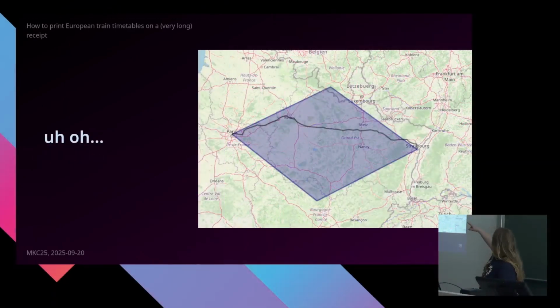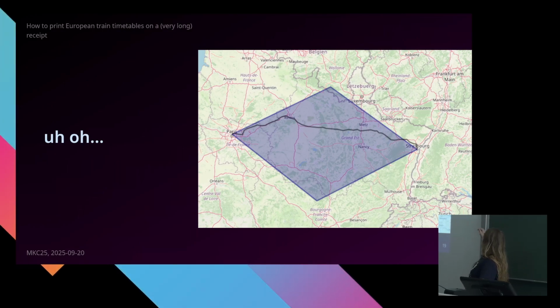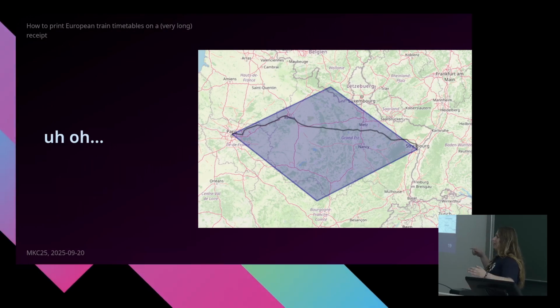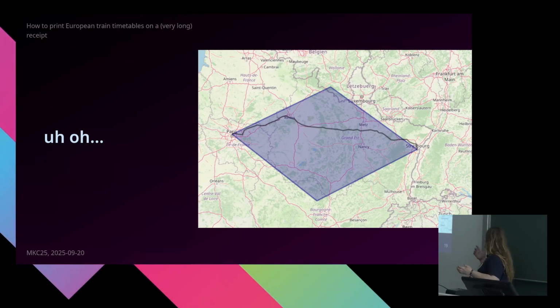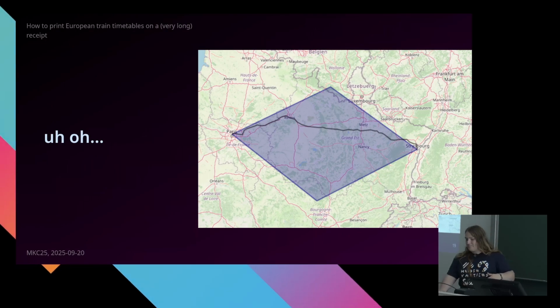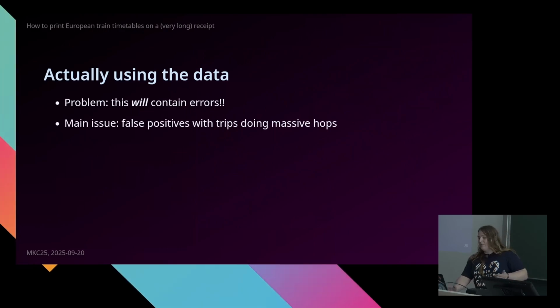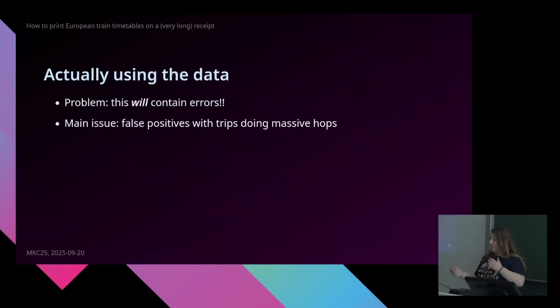Here the line is the actual path that's being taken, and the blue shape is basically the detection radius where our algorithm decides we should be seeing it, which is very much not accurate. So yeah, this will contain errors. Those are mostly false positives with massive trip hops.